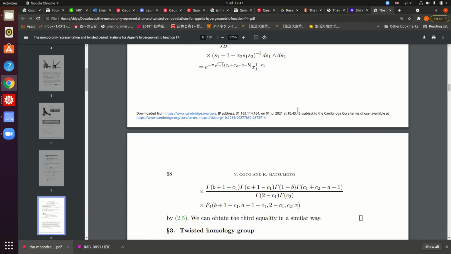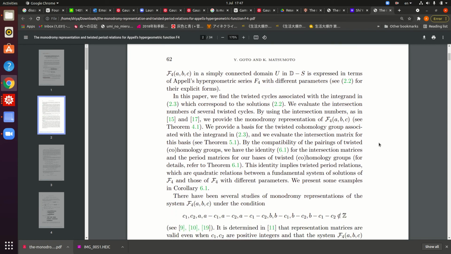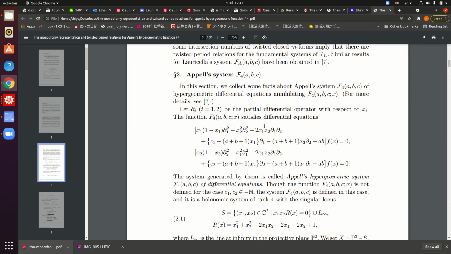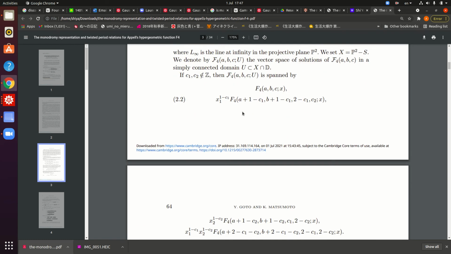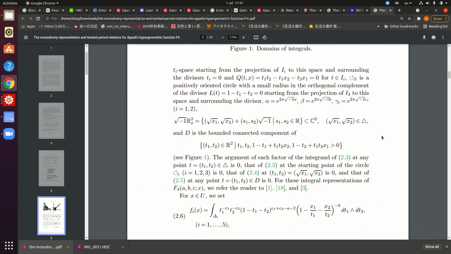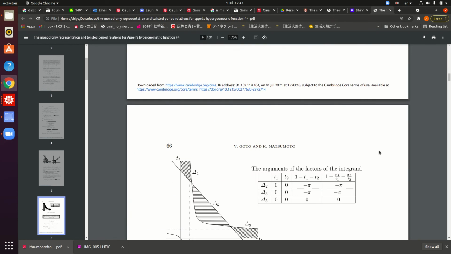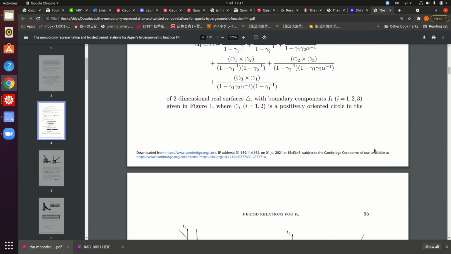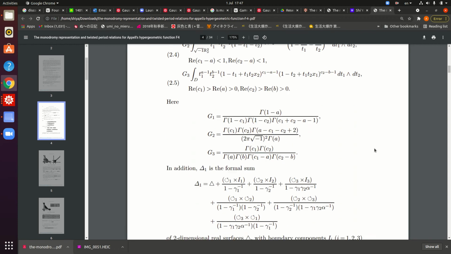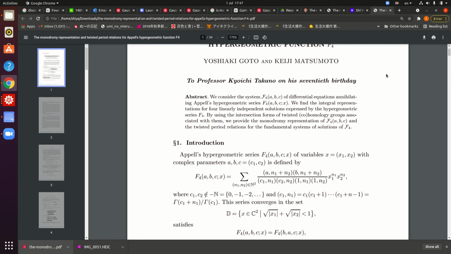In the very beginning, there is this region D. Here, yeah, equation 2.5 has the region D, G3. It's defined on the first page, right? The very first page, 62.